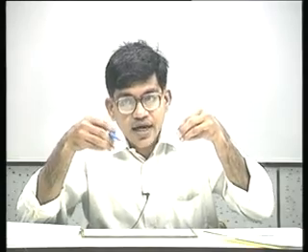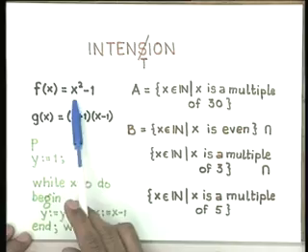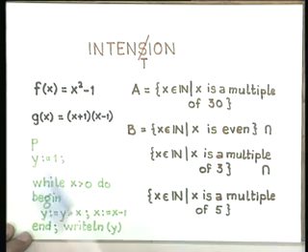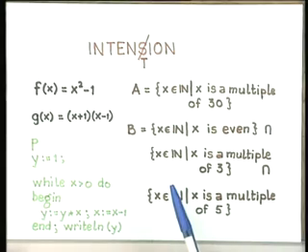Supposing you removed the cover on the black box and looked at its internal details. You could have this function f of x, whose internal details are such that it is of the form x square minus 1. You have this g of x which is of the form x plus 1 multiplied by x minus 1. So, the internal details in terms of construction are different for the two.